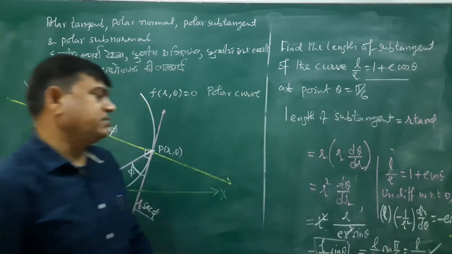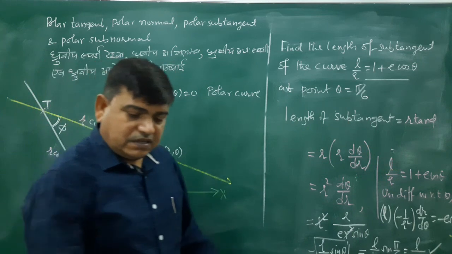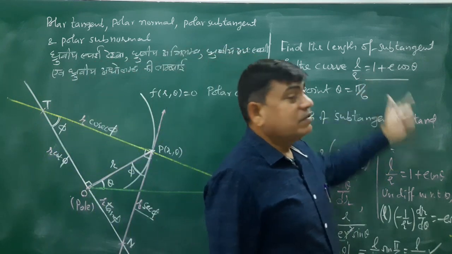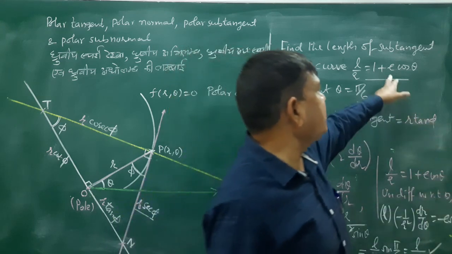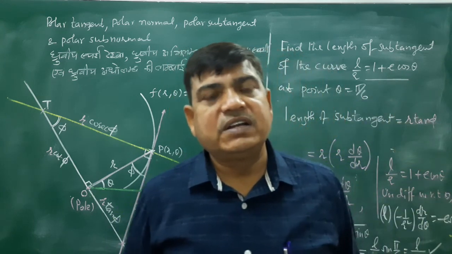This is the answer. Remember, this is the equation of a conic: parabola, ellipse or hyperbola. If e is 1, then it will be a parabola, and so on.